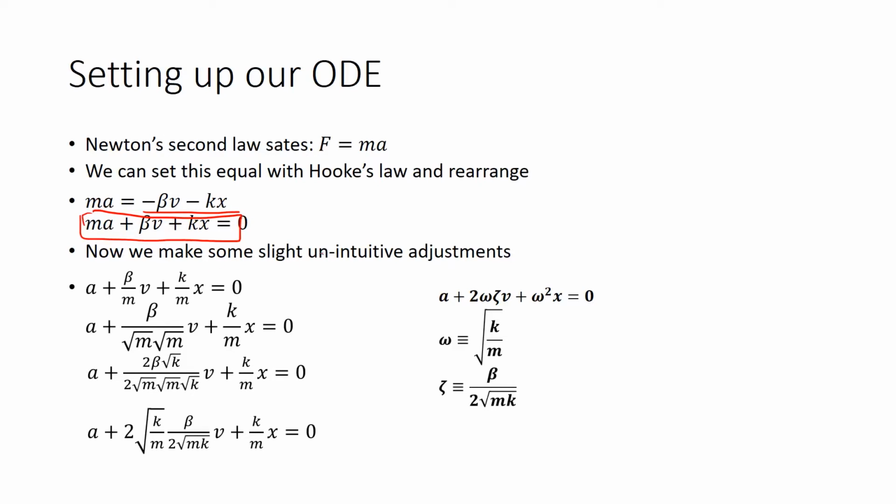Now we have to make some slight unintuitive adjustments to this that are going to make our lives easier in the long run. Now you might be wondering, why would we make these adjustments? To be honest, from my perspective, I never really found a good reason to just pull these out of nowhere. I saw on Wikipedia that they use omega and zeta and all these values, so we're using the same kind of values that they use on the Wikipedia page.